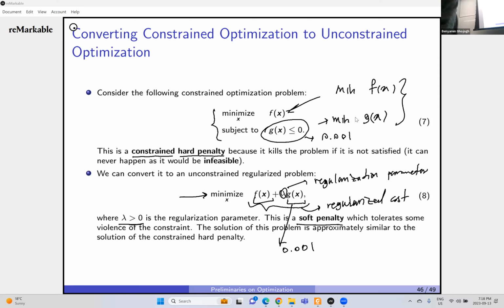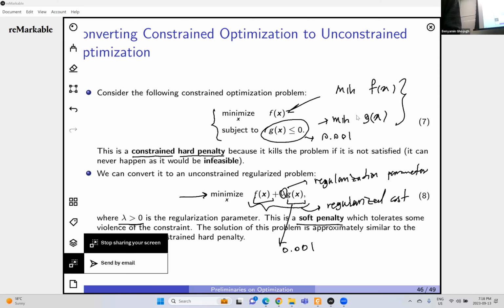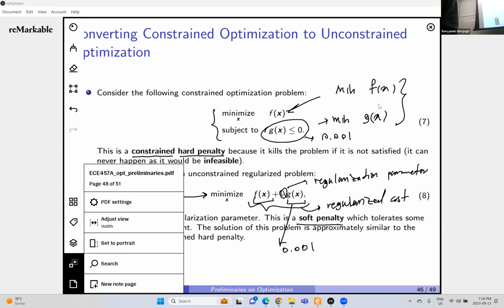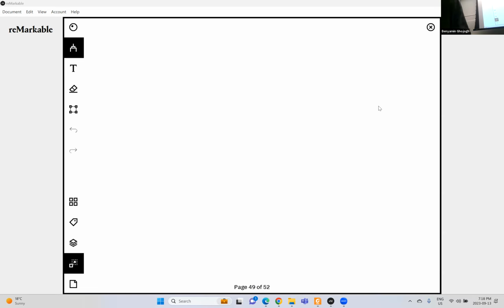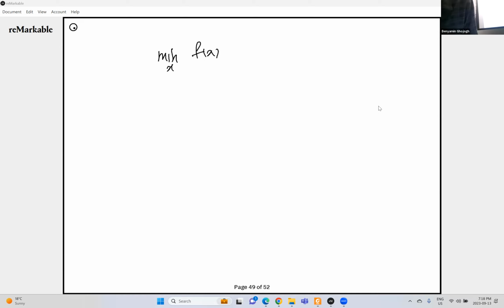So what do I mean? Let me add a page. Minimize f of x with respect to x subject to constraints. Assume I have only one, g1 of x is less than or equal to 0, g2 of x is less than or equal to 0, and maybe h of x is equal to 0.